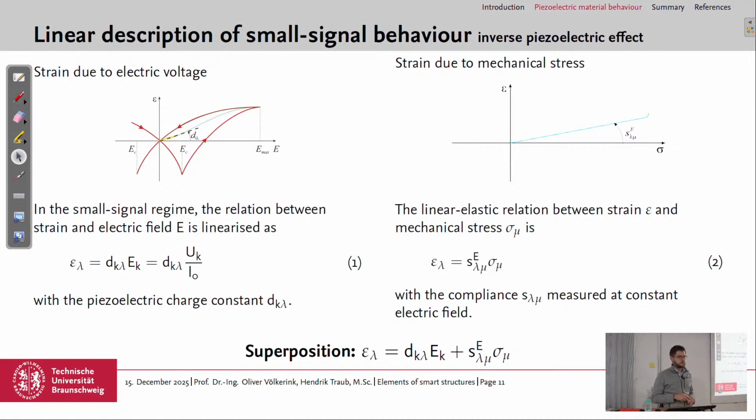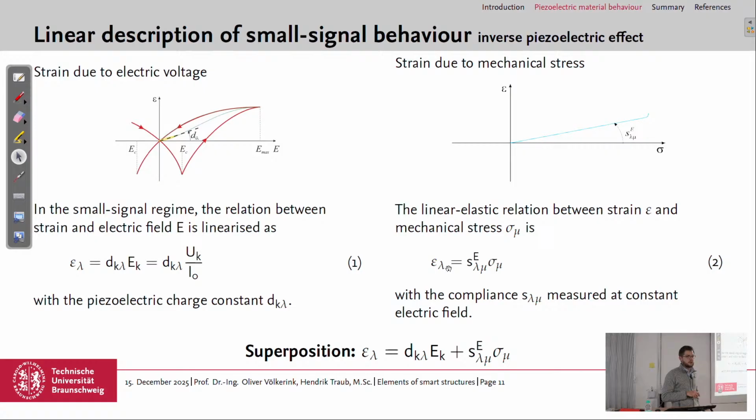inverse piezoelectric effect. And then we also have strains due to mechanical stress, which we also linearize. There we have the mechanical stress sigma mu, which is applied to the ceramic. This is coupled with the compliance at a constant electric field to the strain, also in the direction lambda.